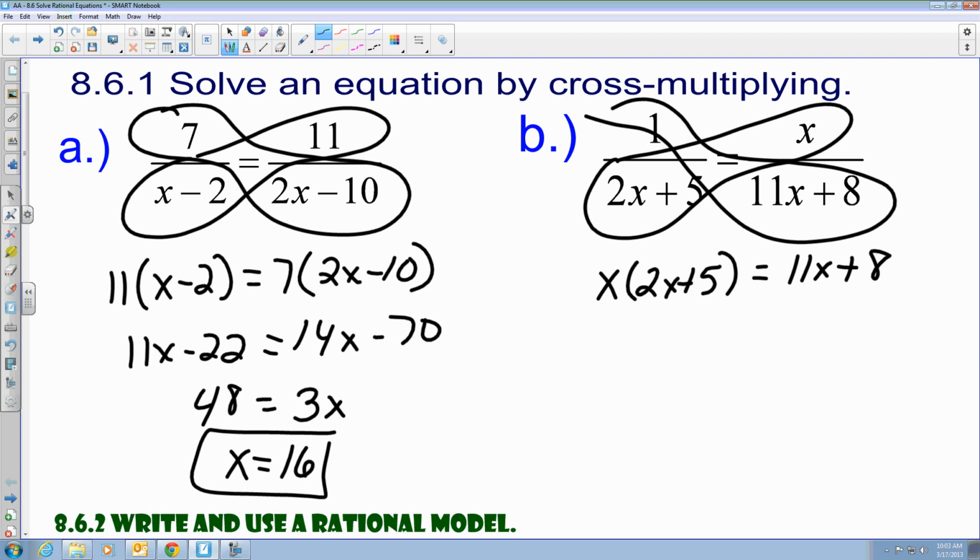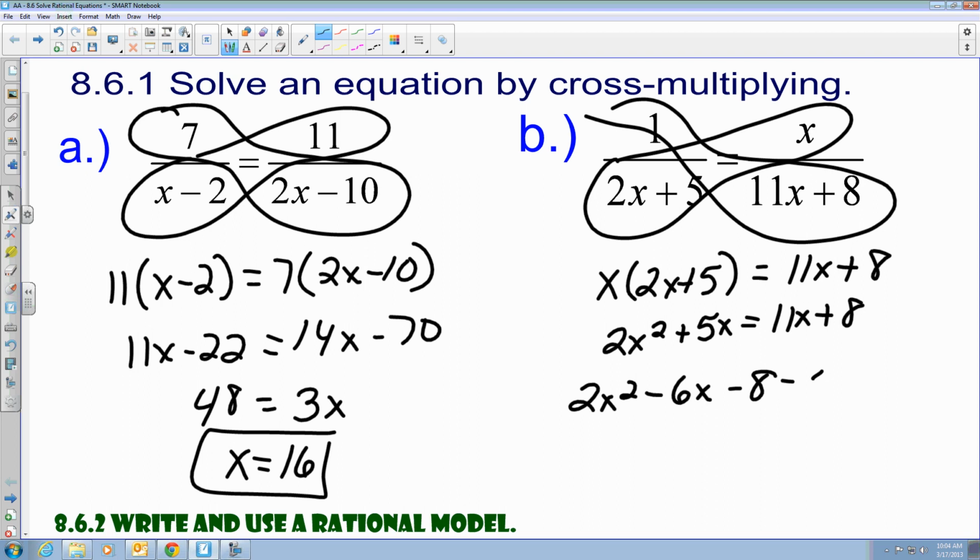So if I distribute that left hand side, I'm going to have 2x squared plus 5x equals 11x plus 8. I'm going to try to get everything on one side of the equal sign because I have a quadratic here. So now I'm going to have 2x squared minus 6x minus 8 equals 0.